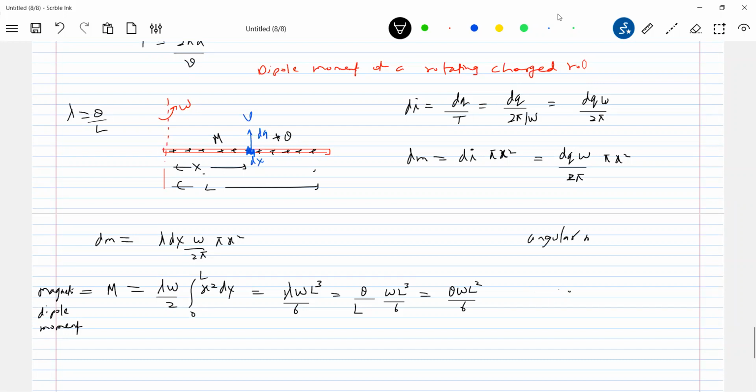So what is the angular momentum of this rotating rod? Small l, I'll take it, because the angular momentum symbol is L. We define it as I into omega.